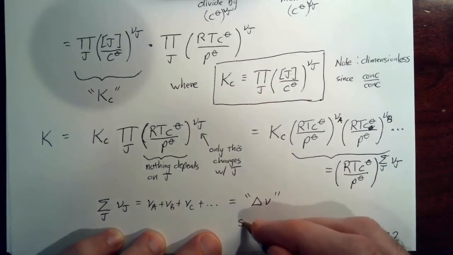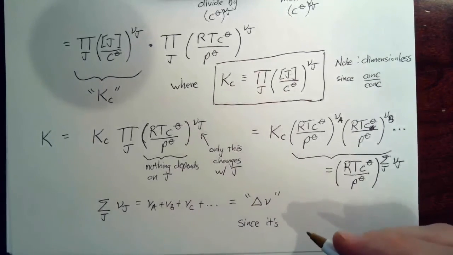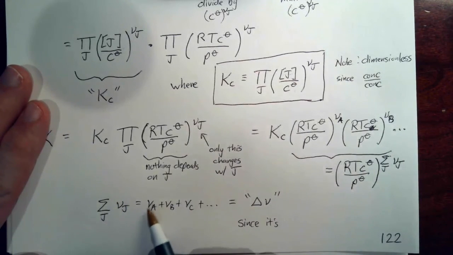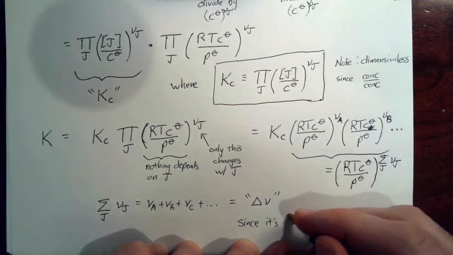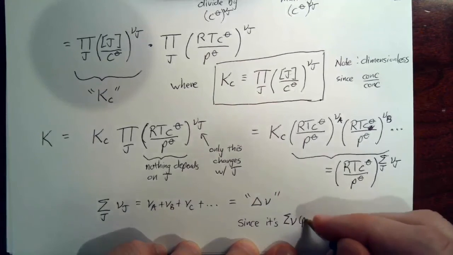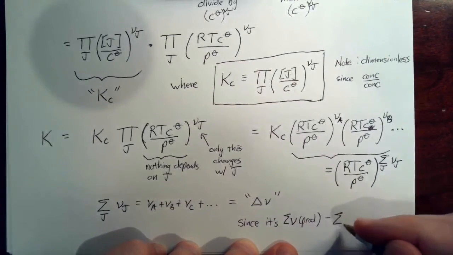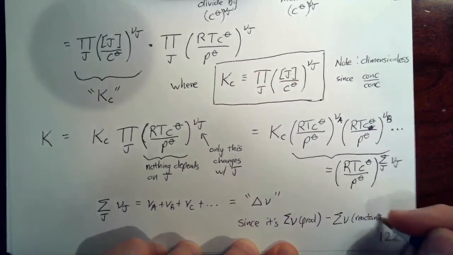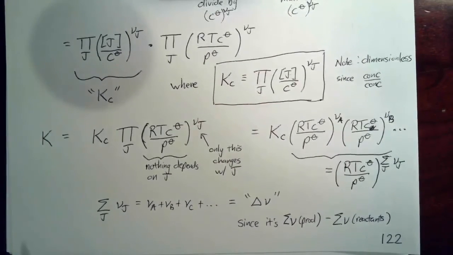That's because, remember, the nu for the products are positive and nu for the reactants are negative. So that means it's basically the sum of the products coefficients minus the sum of the reactants coefficients. So that's the justification for calling it delta nu.